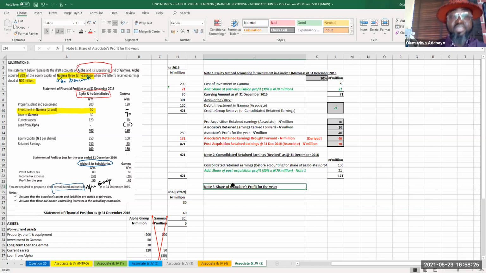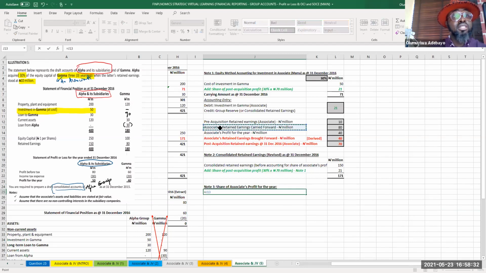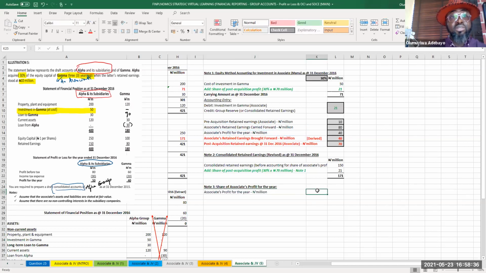Now, associates' profit for the year is for us to go back. The associates' profit for the year stood at how much? 40 million. Now, our stake in associates, if you remember, is 30%.